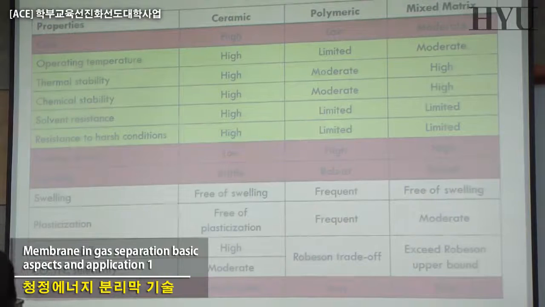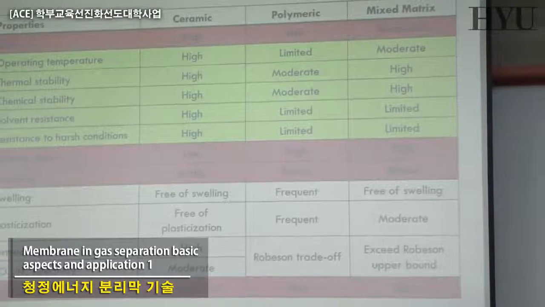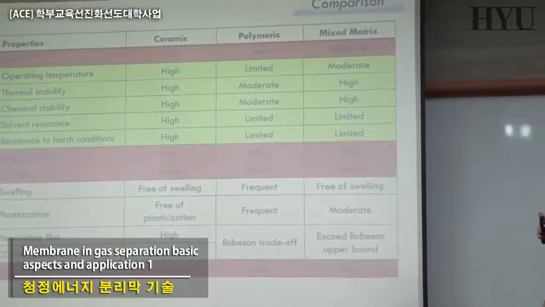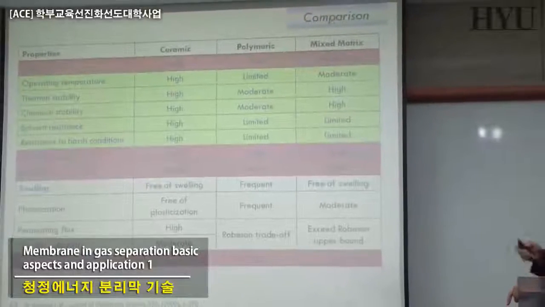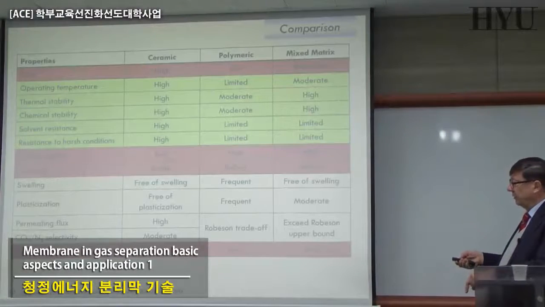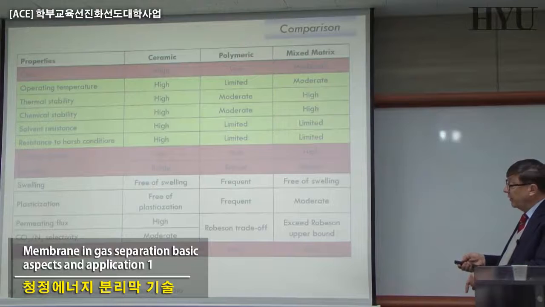What is interesting, particularly for the mixed matrix, is that they can easily overcome, bypass, the Robeson upper bound. So you can forget about these limits. Depending on the property of the material or the dispersed phase, you can overcome the trade-off, which is normally very well respected by the polymeric ones.